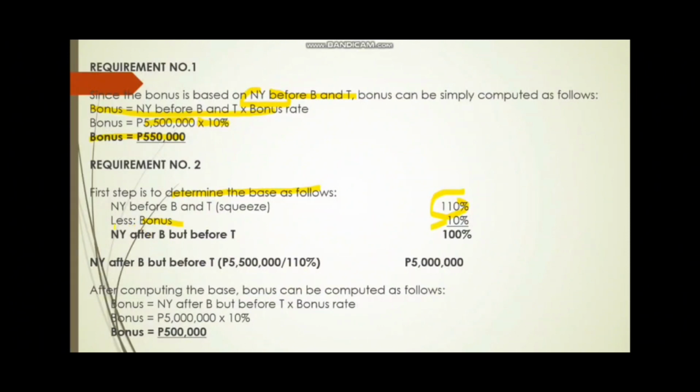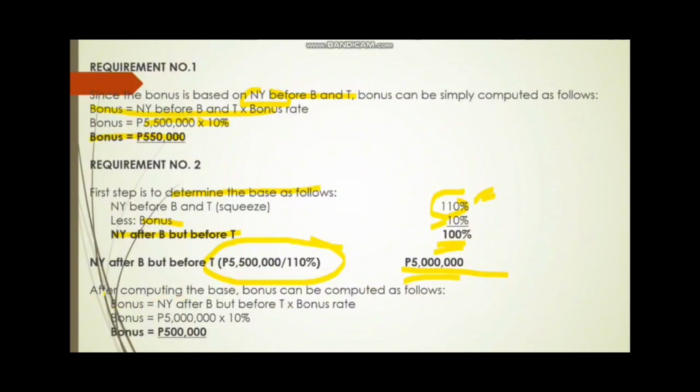So, we come up with net income after bonus but before tax, at 100%. So, for this net income after bonus but before tax, it is 5,500,000 divided by 110%, so we come up with 5 million.